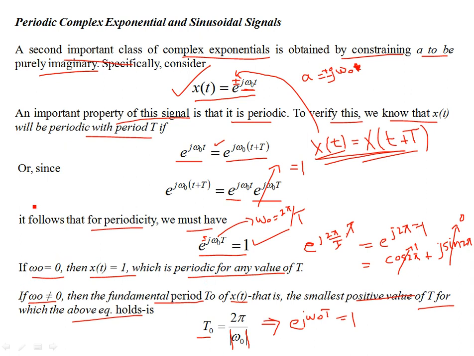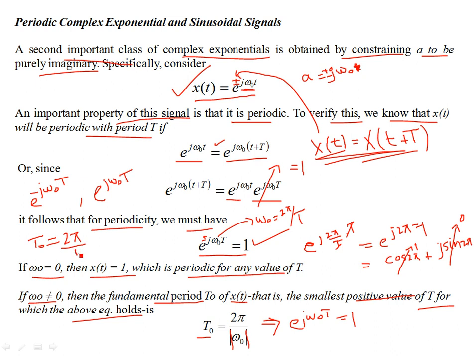You see, the idea is e^(-j omega naught t) and e^(j omega naught t), these two exponential signals, are going to have the same periods, right? Why? Because what is T naught, the time period? The time period is still 2 pi by omega.